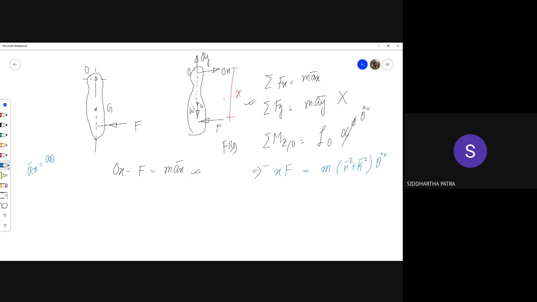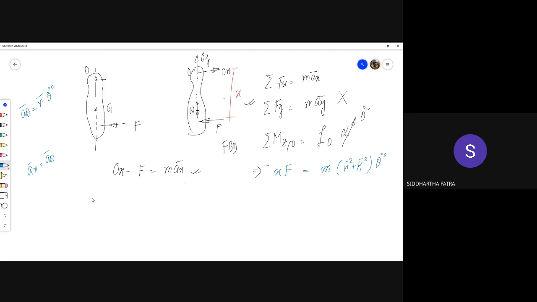In this configuration, AX is simply R bar times theta double dot, if I consider this object to be a rigid body.